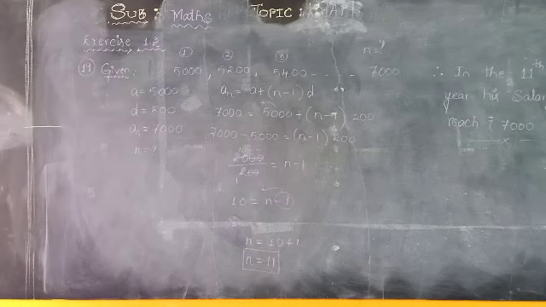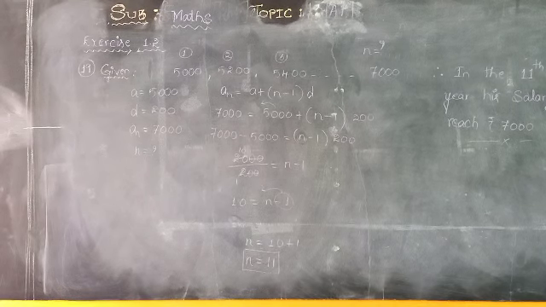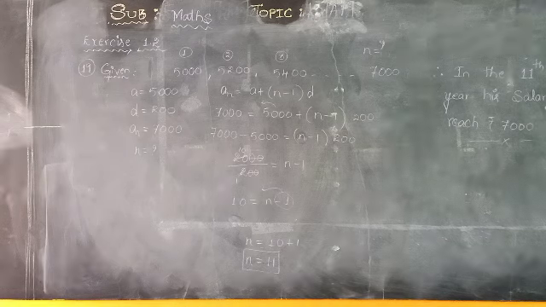Very simple logic. Write down the given data as an arithmetic progression. The first salary, 5,000, is the first term of the sequence. To get the next term, just add the increment, 200, so 5,000 plus 200 becomes 5,200, and so on. Finally he reaches 7,000, which is the nth term, the last term.